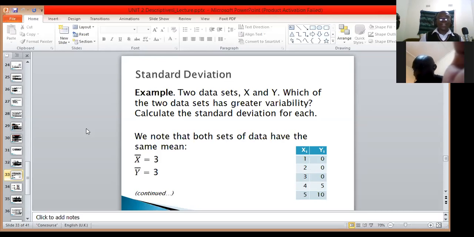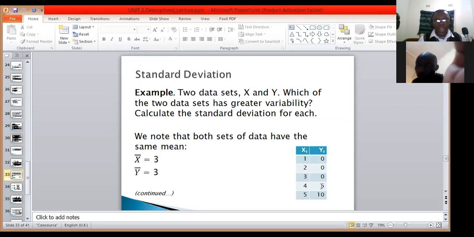So you are likely to have the same mean, because mean is the sum of X divided by the number of X, or the sum of Y divided by the number of Y. If you add 1 plus 2 plus 3 plus 4 plus 5, you get 15. Then 15 divided by 5, you get 3.